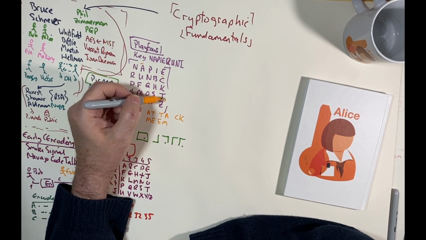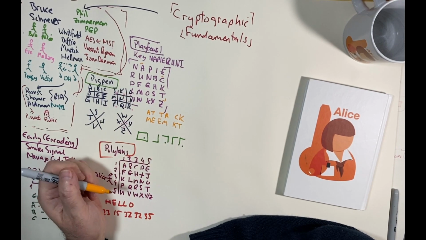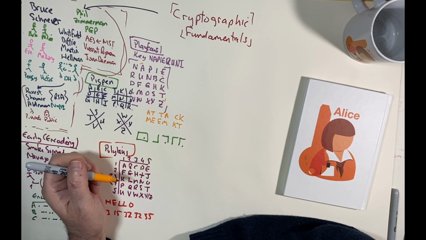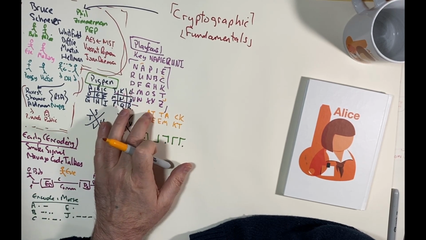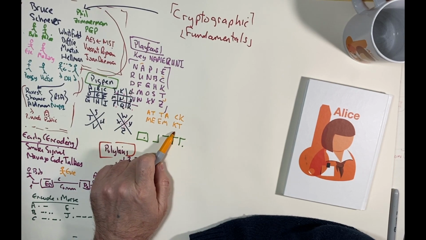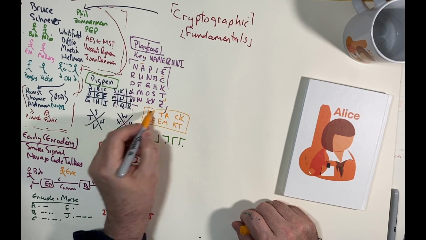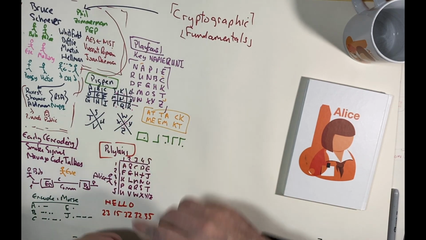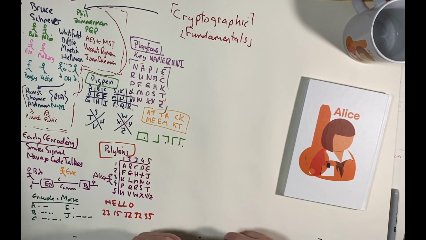So we end up with a K and a T. So this allows us to be able to code 2 characters at a time into the cipher. And the challenge here is to be able to generate the grid to be able to get to this point here.